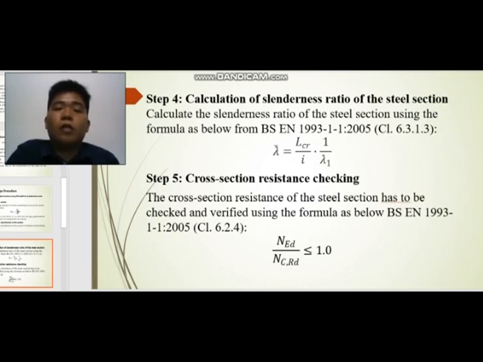However, for a slenderness ratio less than 0.2, we will design it as a stocky column where buckling resistance check is not required. For step 5, we will proceed with the cross-section resistance checking, where we verify using the formula NED over NCRD less than or equal to 1.0.